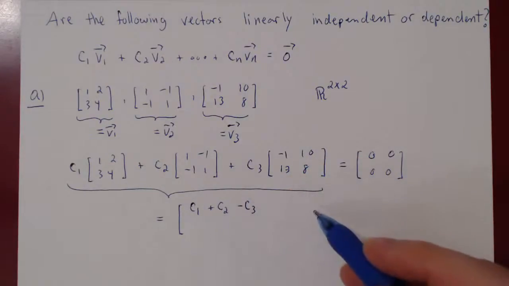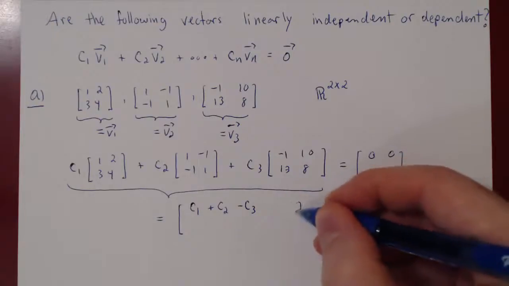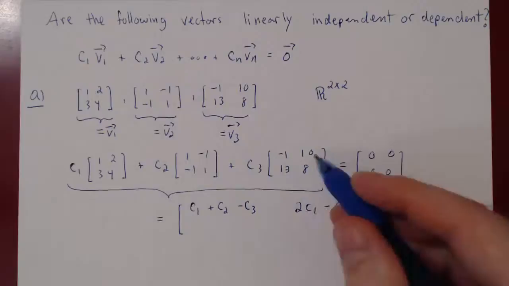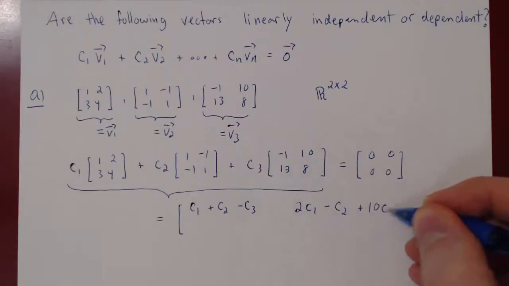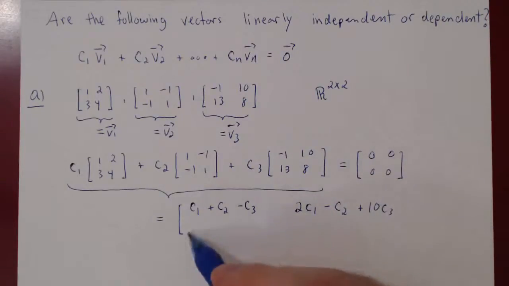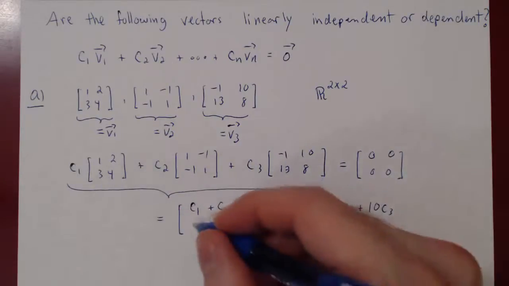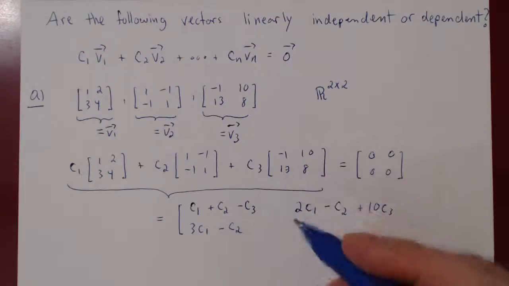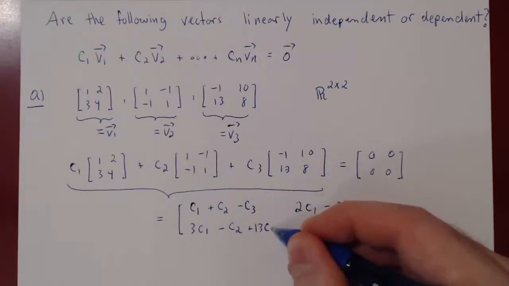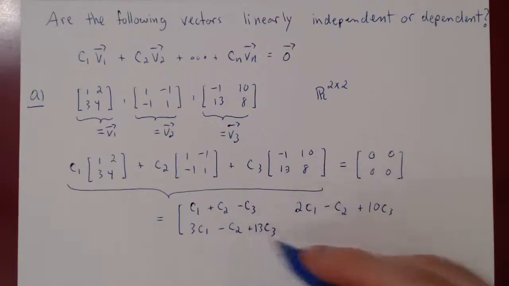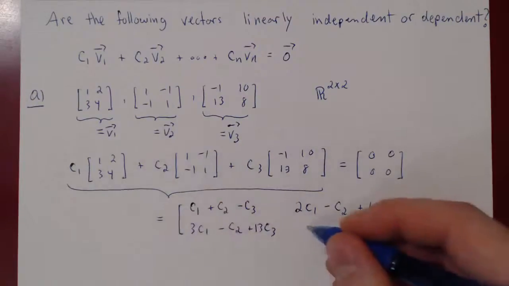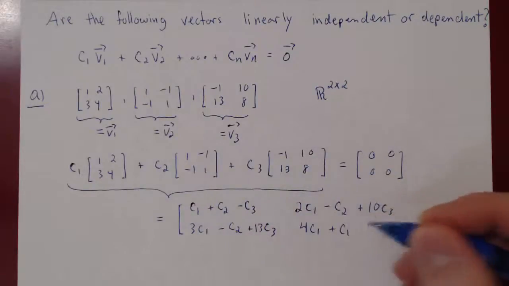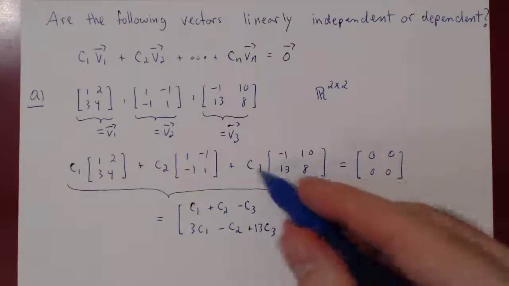Entry 1,2 will be 2c1 minus c2 plus 10c3. Entry 2,1 will be 3c1 minus c2 plus 13c3. And entry 2,2 will be 4c1 plus 1c2 plus 8c3.